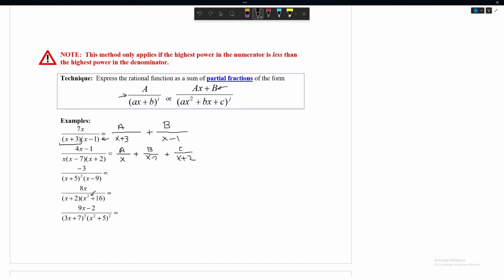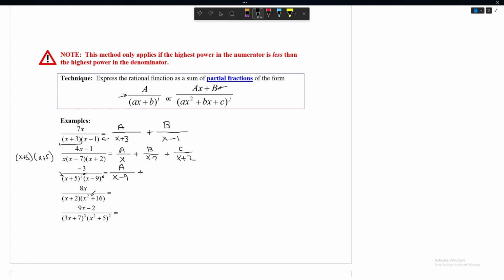Now, when it comes to something like this, where you have a square, this is not quadratic, because if I expand it, I get x plus 5 times x plus 5. That's what the square up there means. So the way you rewrite this is A over, first I'm going with the lower power, x minus 9.